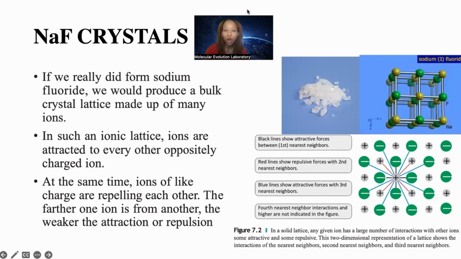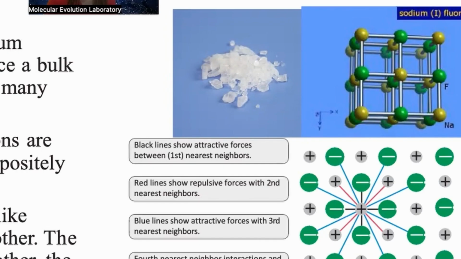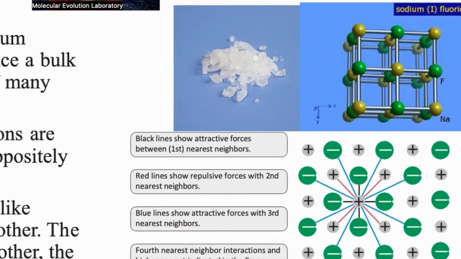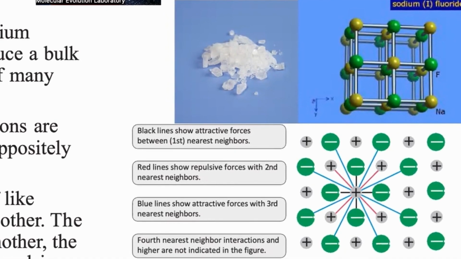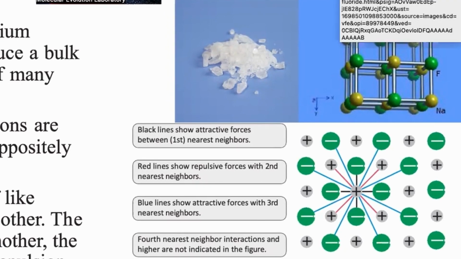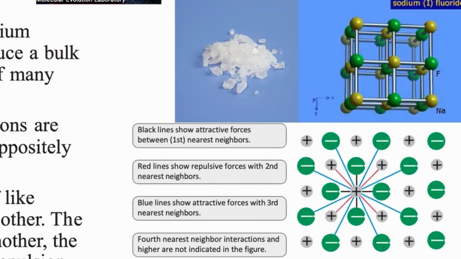So basically, if sodium fluoride was really formed, then it would produce a bulk crystal lattice made up of many ions. And this is where you get a physical structure. In a lattice structure, the ions are attracted to every other oppositely charged ion. At the same time, those with like charges will repel each other. So the further apart they are, the weaker the attractive force. So here we have a sodium fluoride crystal. The black lines show the attractive force between the first nearest neighbors.